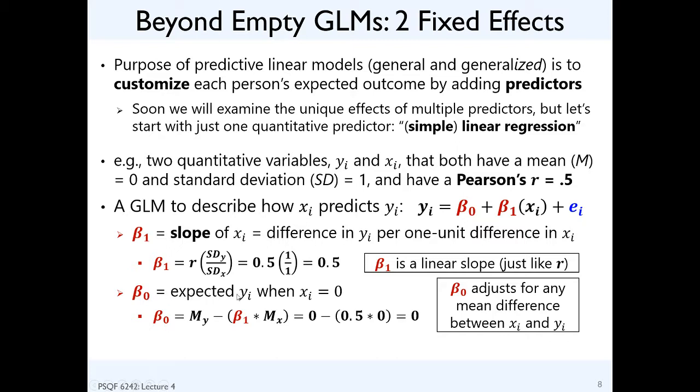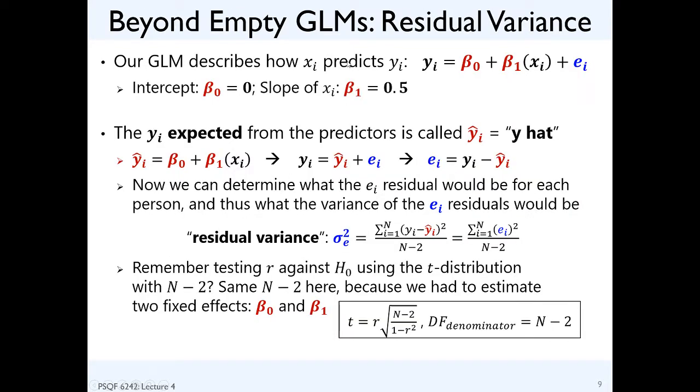Beta 0 then, expected outcome when X is 0. That's my fixed intercept. The formula for that is the mean of Y minus the slope times the mean of X. Works out to be 0. So putting it together, if I have a Pearson correlation between two variables, each with a mean of 0 and a standard deviation of 1, my general linear model to describe that correlation would have a beta 0 fixed intercept of 0.